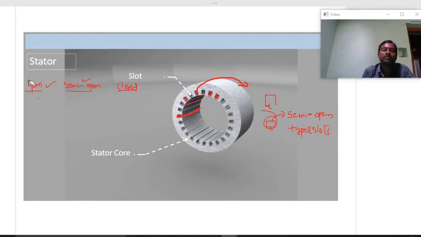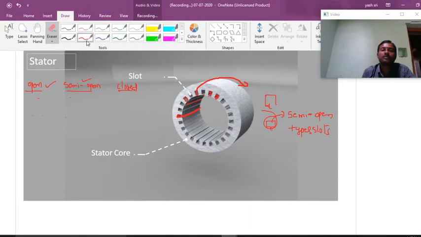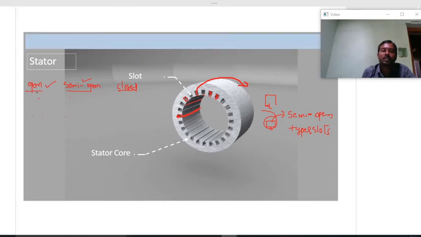So look at this one. If you use open type slots, this is the open type slots, and the stator is available here. Listen to this point carefully. If you take semi open, that will be like this, and this is a rotor.